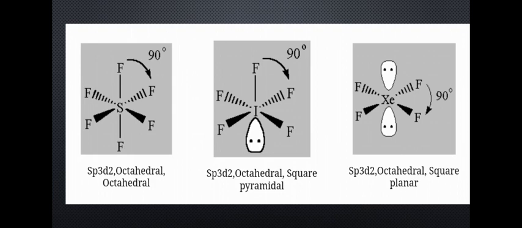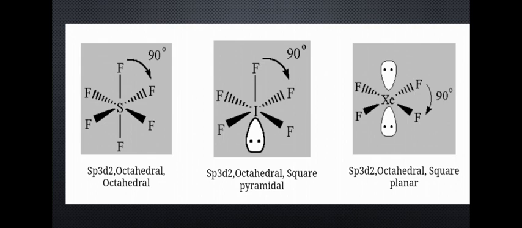Now, if the central atom is surrounded by 6 other atoms, then the arrangement will be octahedral and the hybridization will be sp3d2. But if the central atom is attached by 5 atoms, that means 5 bond pair and 1 lone pair, then the shape will be called as square pyramidal.